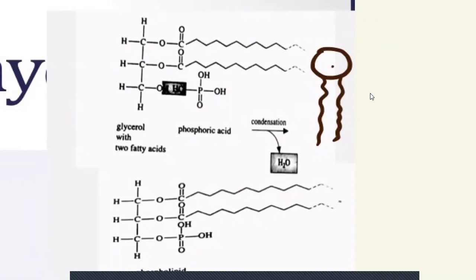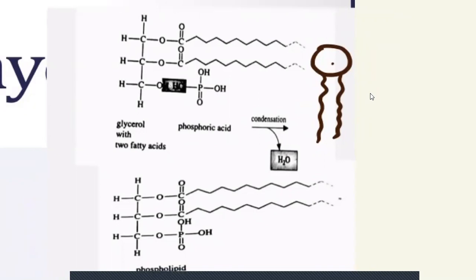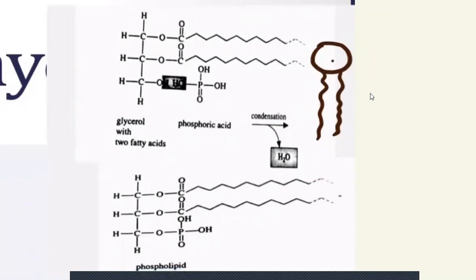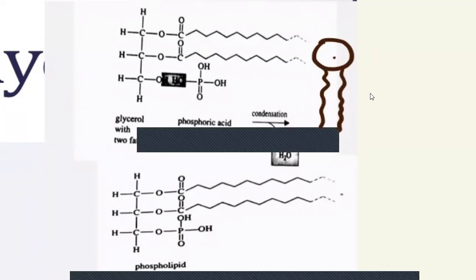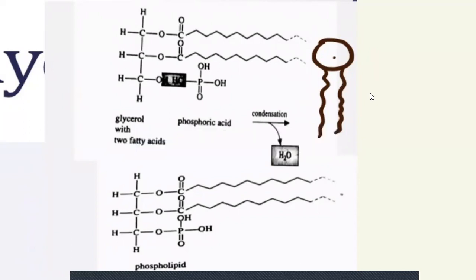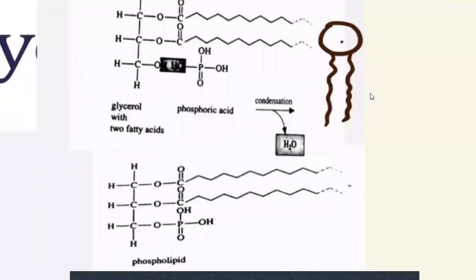This is the phospholipid. Look here. How many fatty acids? Miss, 2 fatty acids. 1, 2. Okay. Alia, the third fatty acid is replaced by? Miss, by the phosphate group. By the phosphate group, and hence the name phospholipid.